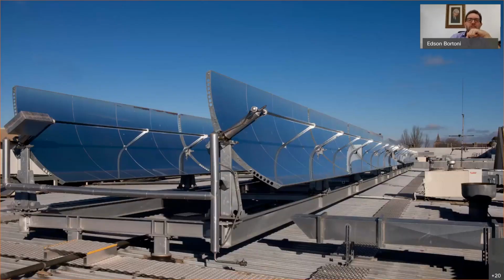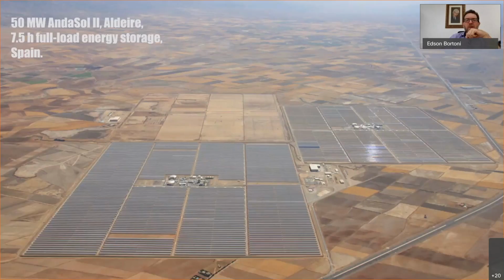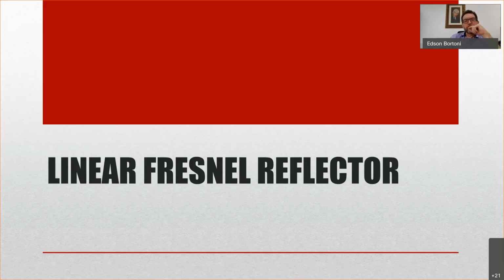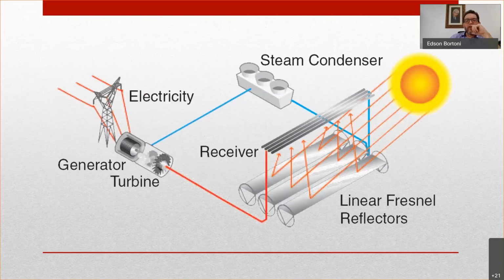Some applications worldwide, big power plants, 50 megawatts in Spain. The energy storage here is about 7.5 hours of full load. We have the linear Fresnel. The linear Fresnel works almost the same.